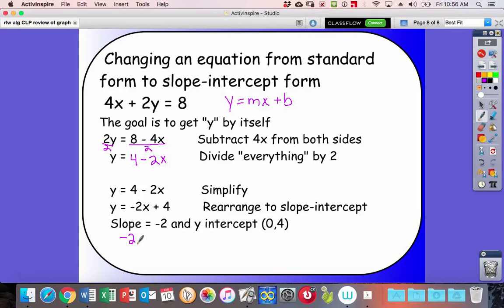That would be down by 2, but to the right by 1 because the 1 is positive. My y-intercept is at (0, 4). So if I was going to graph that, I would first plot my y-intercept at 0, 1, 2, 3, 4. And from there, I would go down by 2 to the right by 1 and get my second point. And that's how you would graph the line.